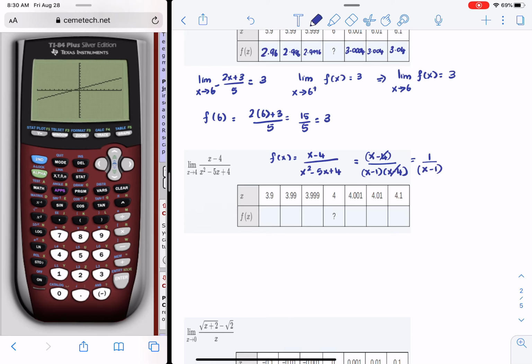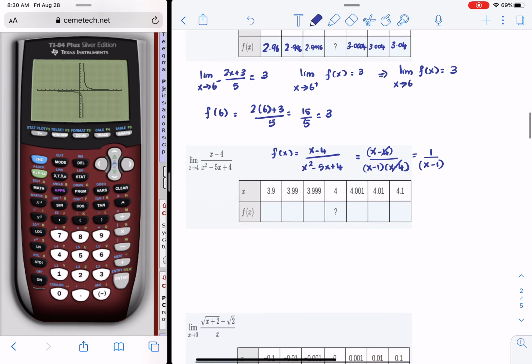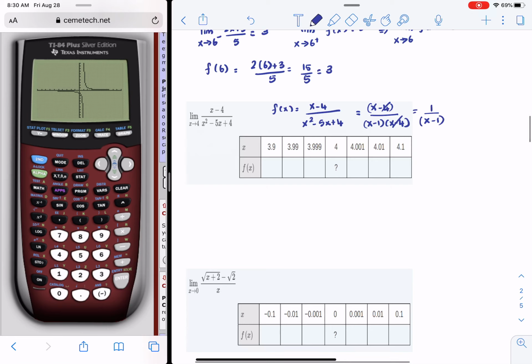Now, if I graph this, there is a discontinuity, but that discontinuity is at 1.